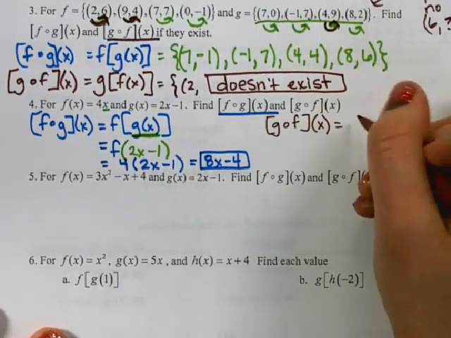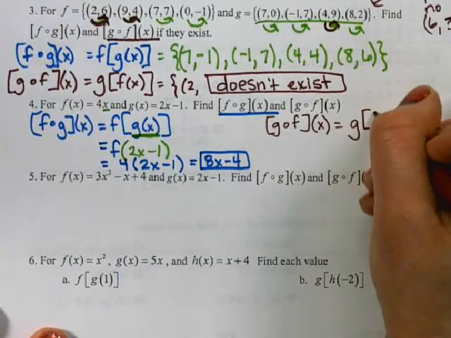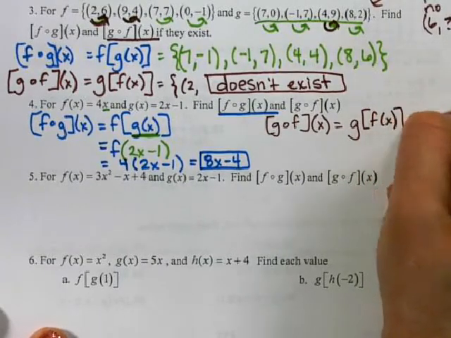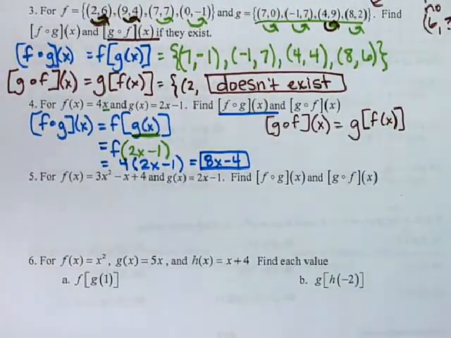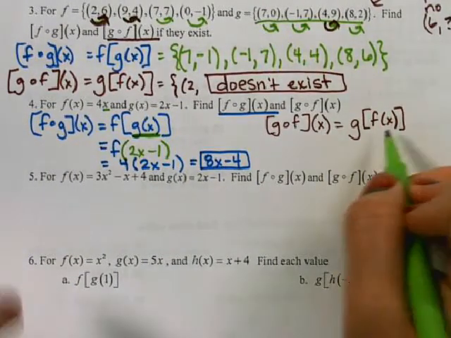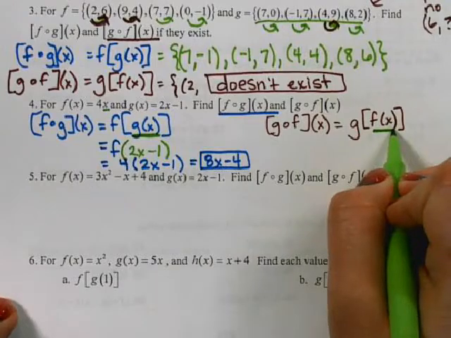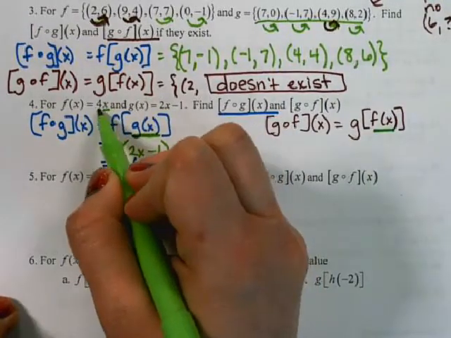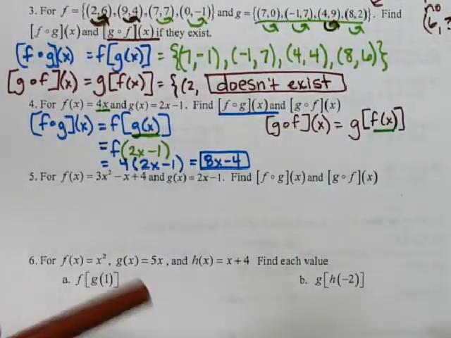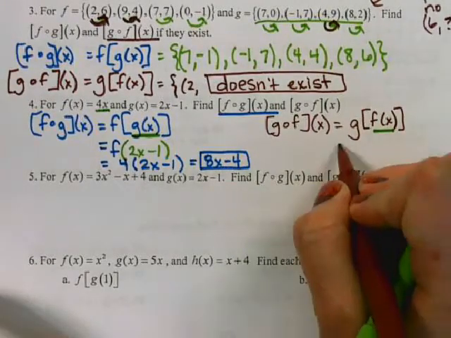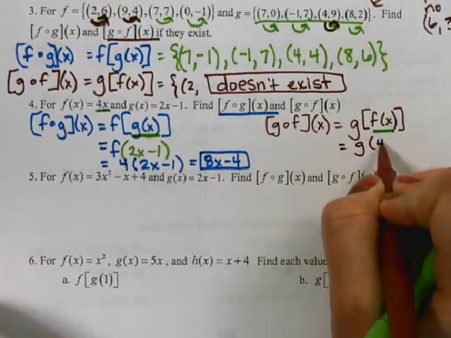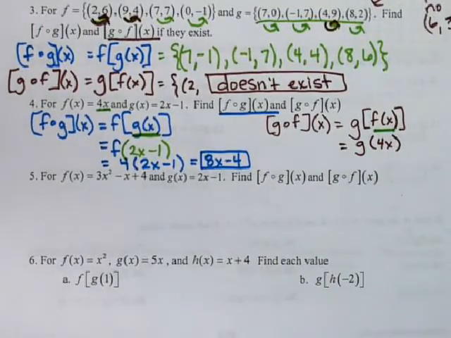So g of f of x. I'm going to replace f of x with what it equals. So this is g of 4x. Again, you've done that part before. We did it in 7-1.